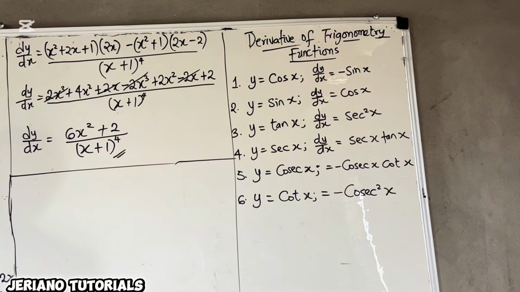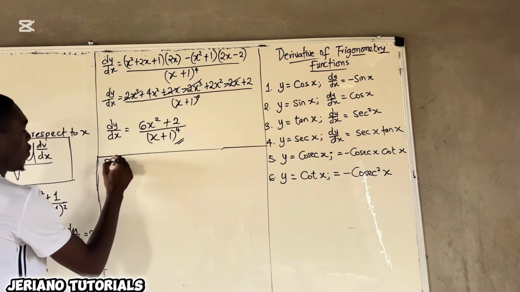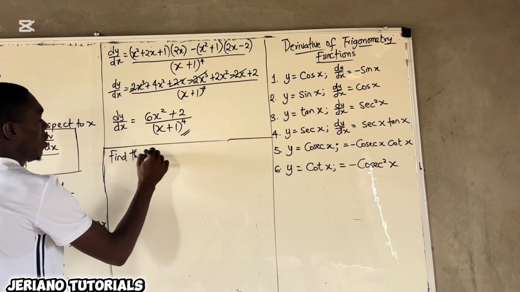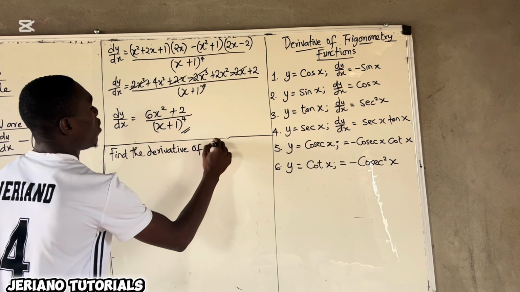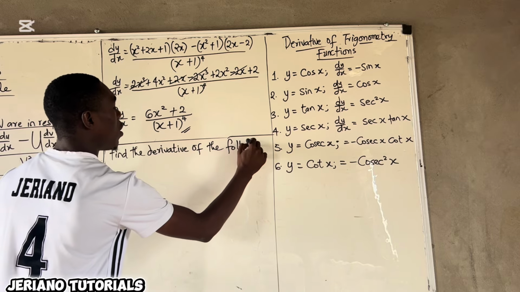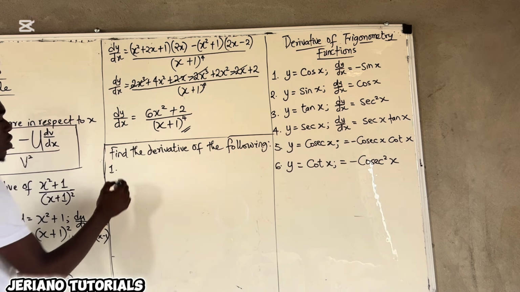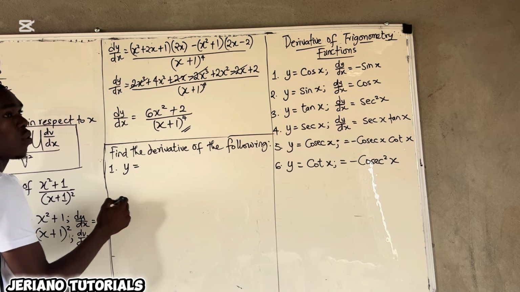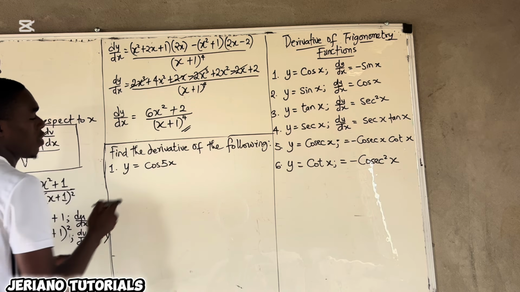Now we can be asked to find the derivative of the following, and we are given the first one. You can be asked when y is equals to cos 5x.